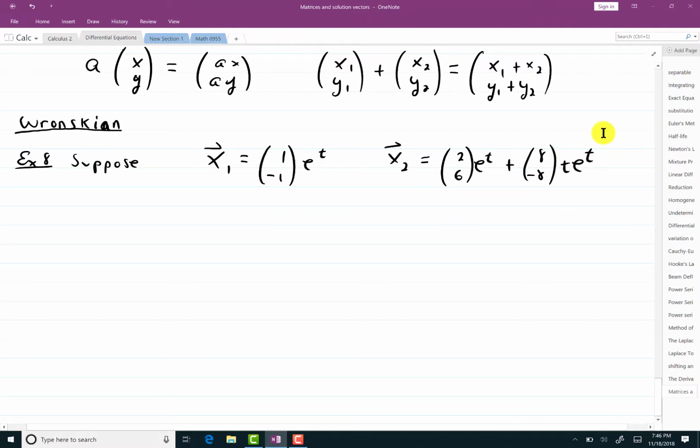And you should recognize this. Some sort of a solution has been repeated when this kind of thing happens. So anyway, suppose these two vectors are solutions to a system of differential equations.